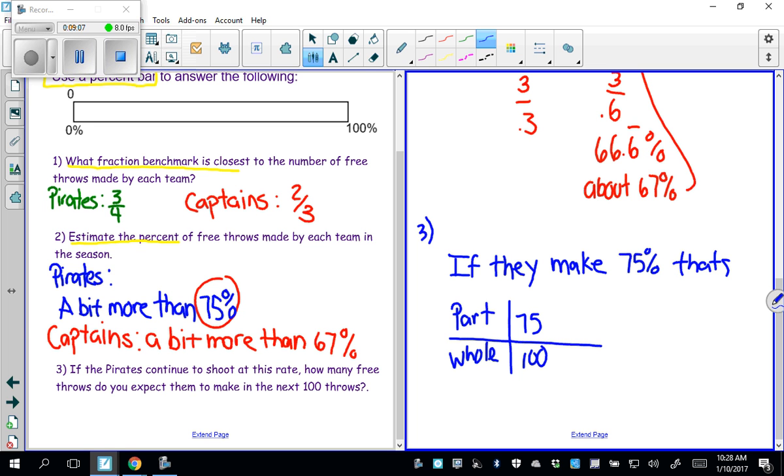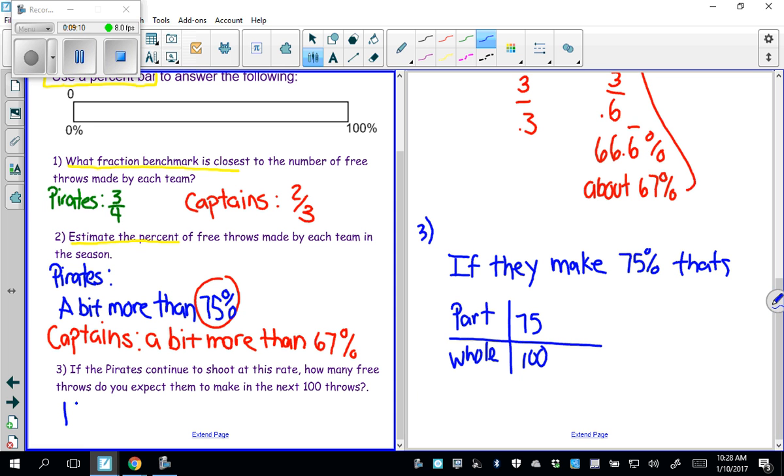So what I expect them to make is 75 out of the next 100.